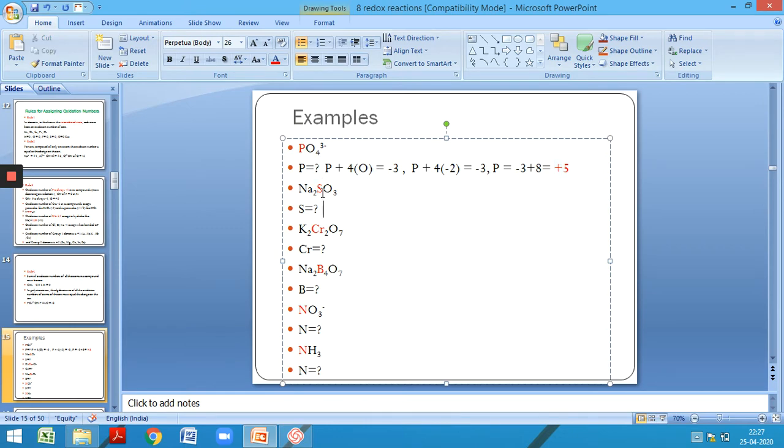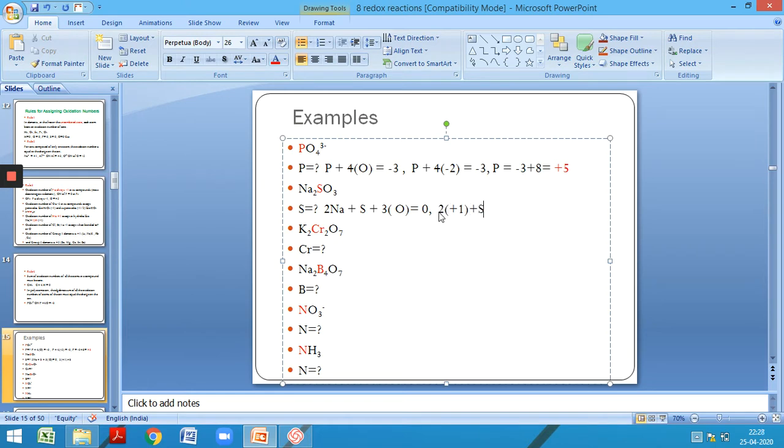Calculate the oxidation number of sulfur in sodium sulfite. The sum of oxidation numbers is going to be 0 since this is a neutral compound. The oxidation number of group 1 elements is +1, and sodium is one such element, so its oxidation number is +1.